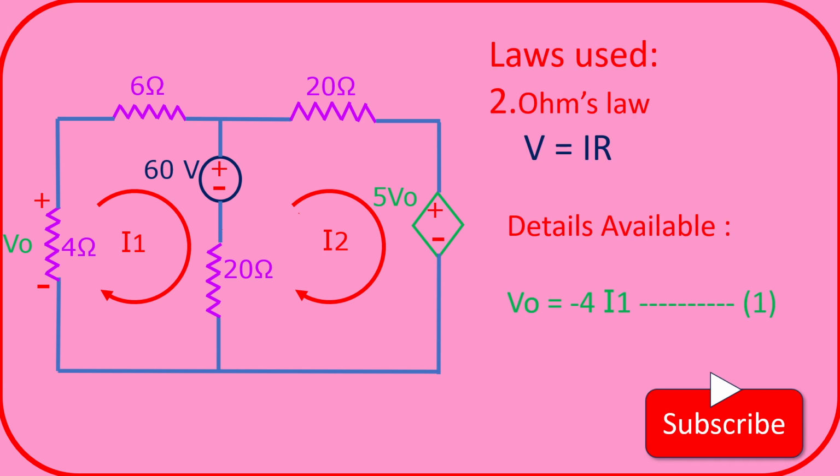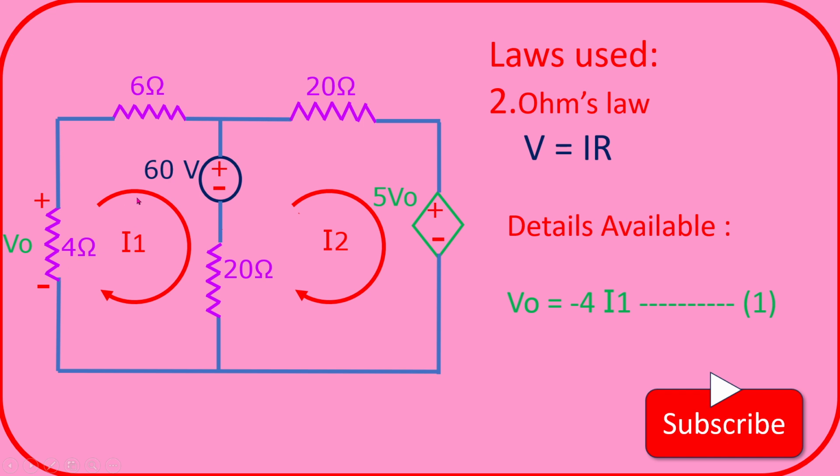And in this, we have one more detail, that is V0 is equal to minus 4I1, and this is taken as equation number 1. Actually, how do we get this minus 4I1? V0 is the voltage across this 4 ohm resistor through which the I1 current is flowing. For this V0, in the problem itself, the polarity is given as plus here and minus here.